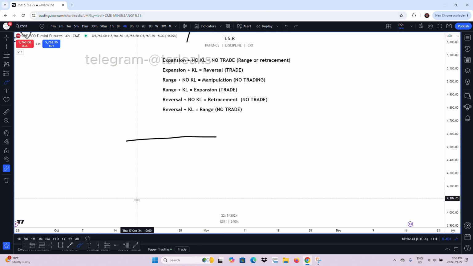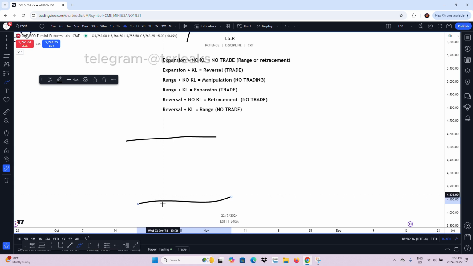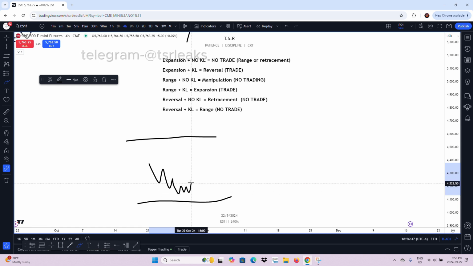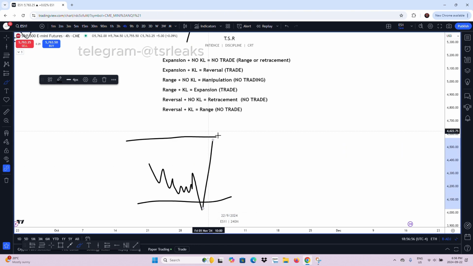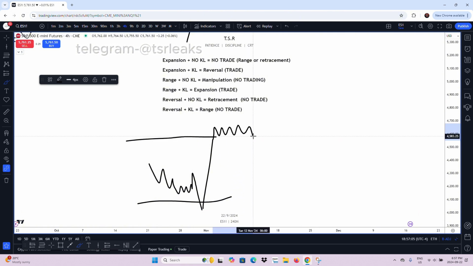Sorry about that. We have two key levels. Price expands. So let's say we have expansion downwards, a range, retracement, tapping into, after a retracement, expansion into the key level here, reversal, tapping a key level. What's likely going to happen here? A range. Okay?